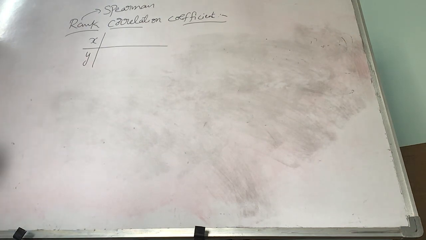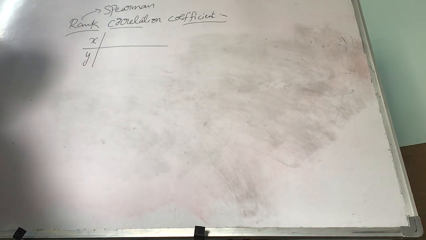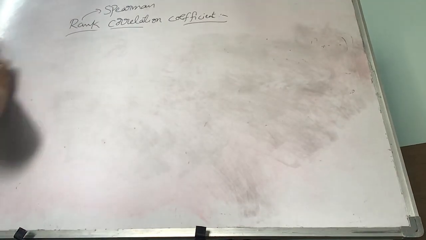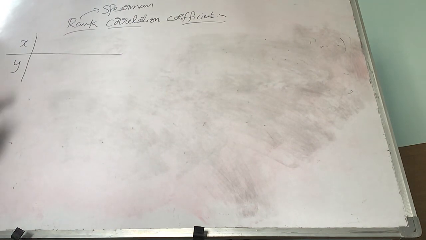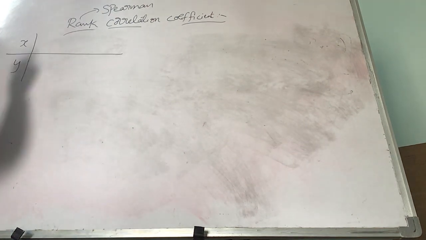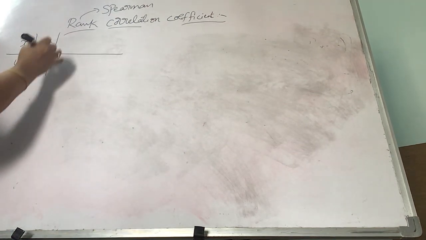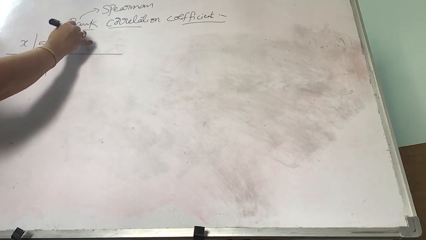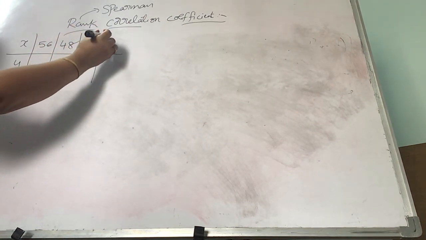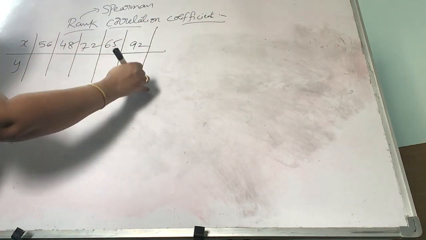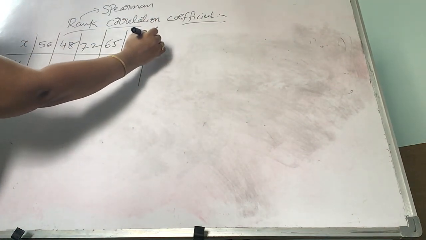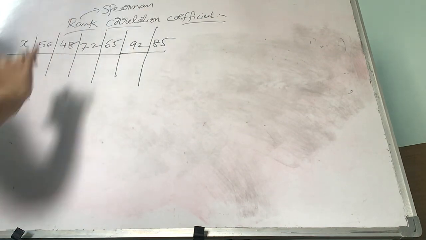Now we discuss one example. Here I am taking the values for x and y. Suppose x is the marks in mathematics and y is the marks in statistics. Here x is suppose 56, 48, 72, 65, 92, and next is suppose 85.